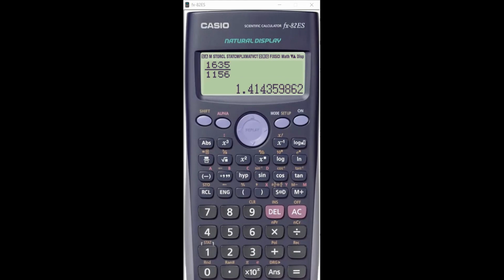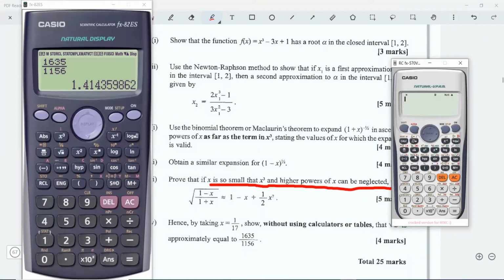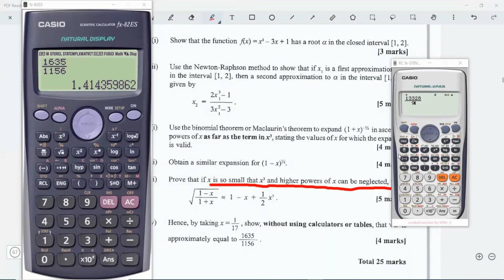All right, let's try the other calculator. 13328 over 9425.